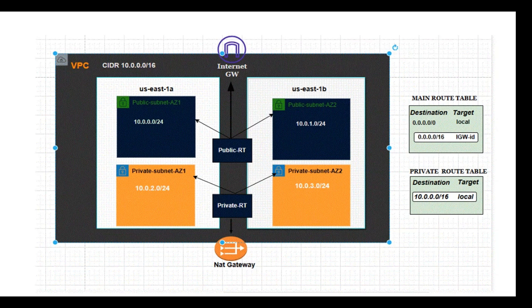So just for security purposes, we can use this NAT gateway. We'll also create an elastic IP address that will be associated with this NAT gateway, just to have a fixed public IP.